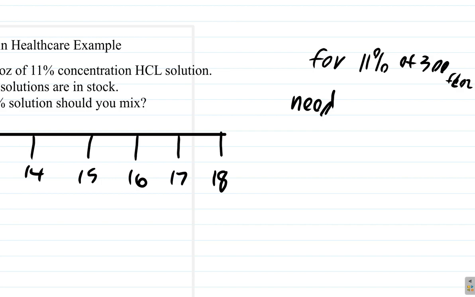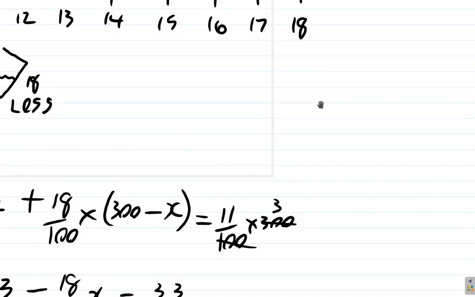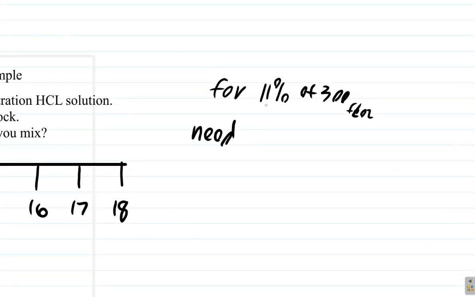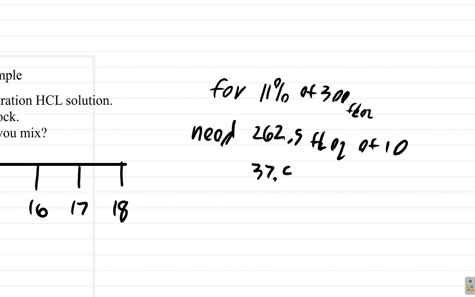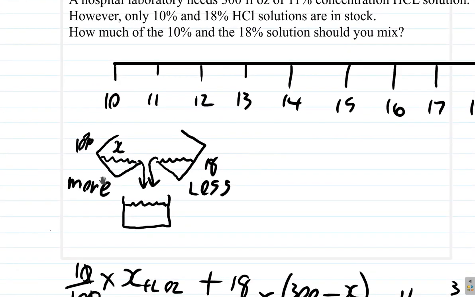We need, what was it again? 262.5 fluid ounces of the 10% and 37.5 fluid ounces of the 18%. Alright? So we need a lot more of the 10%. Yeah, as I was saying, you need a lot more of the 10% and a lot less of the 18%.